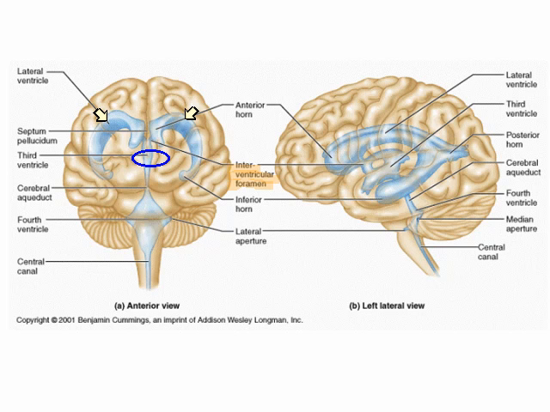It'll empty down into that 3rd ventricle. And then you also have the 4th ventricle, which is right here. And you also have an opening or a passageway that leads from the 3rd ventricle down into the 4th ventricle.